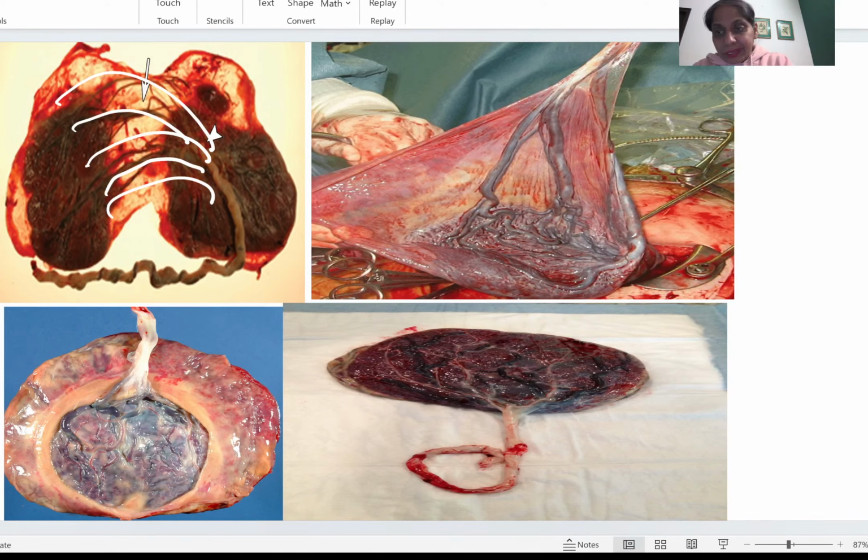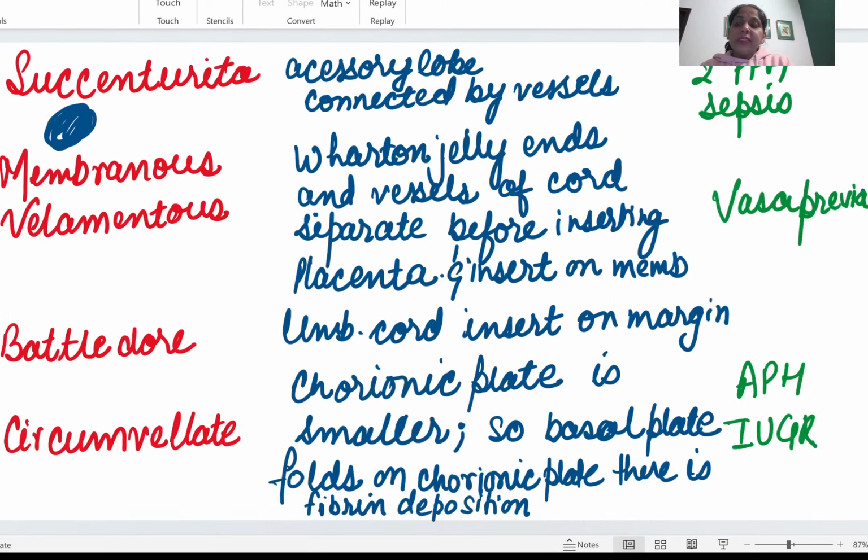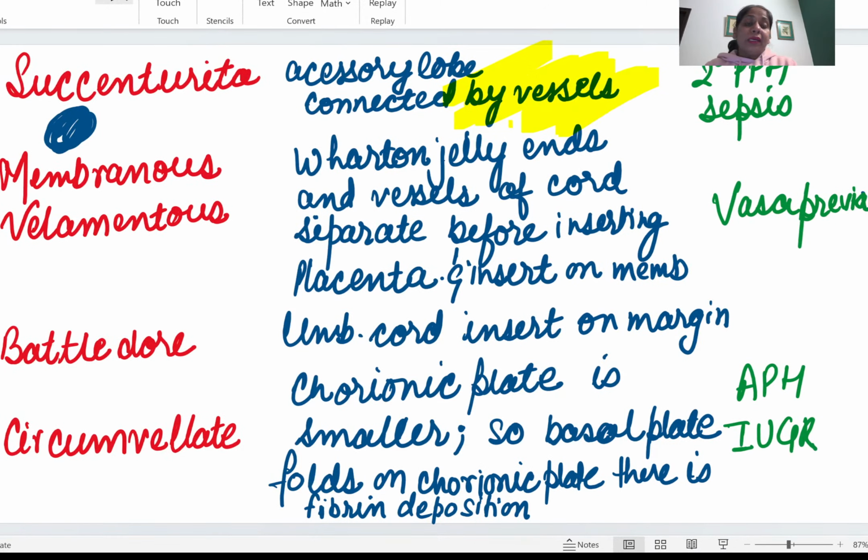An accessory lobe other than the one main placenta is there, and it is connected by blood vessels.